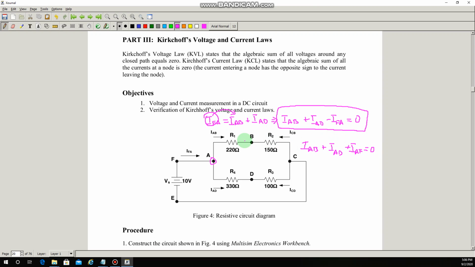Now in terms of circuit, what are these currents? IAB and IAD are obvious, nothing changed. These are the currents that are leaving the node A. What about IAF? IAF is the current in this direction, which is also leaving the node.